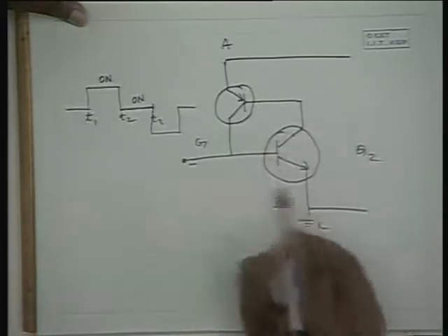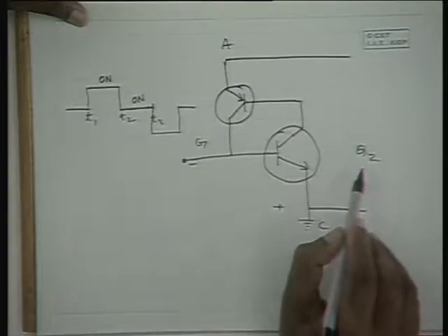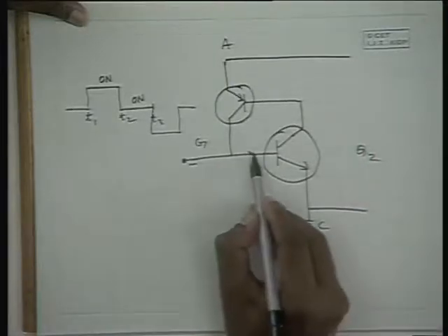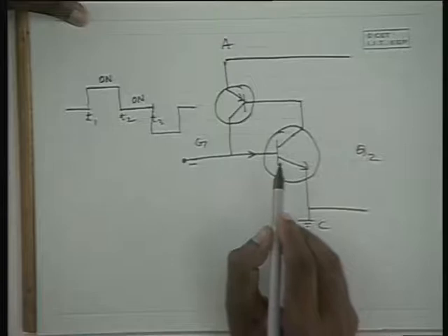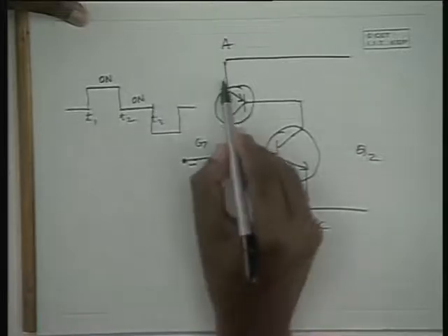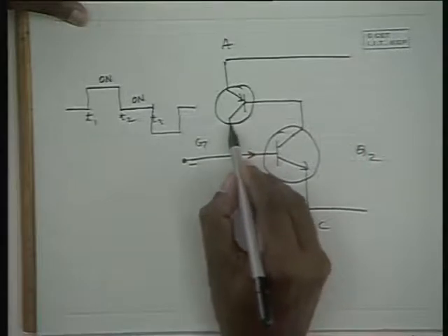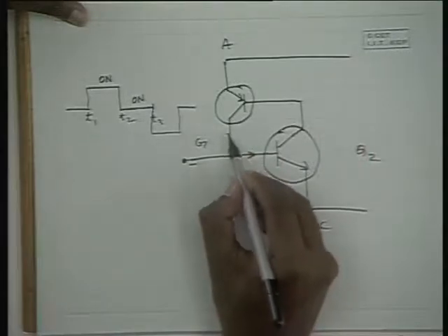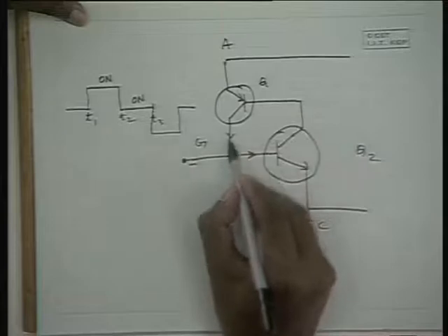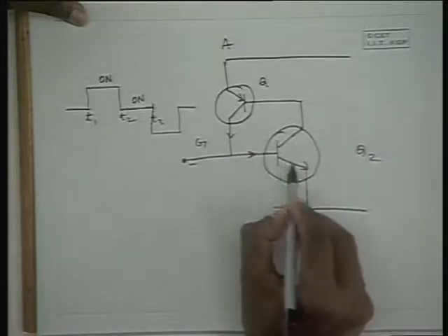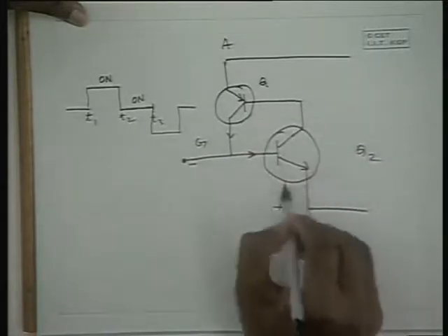And when the transistor is turned off, naturally no base current flows. At T3, initially there was current flowing, the collector current IC1 from transistor Q1, and that was flowing into the base of Q2.